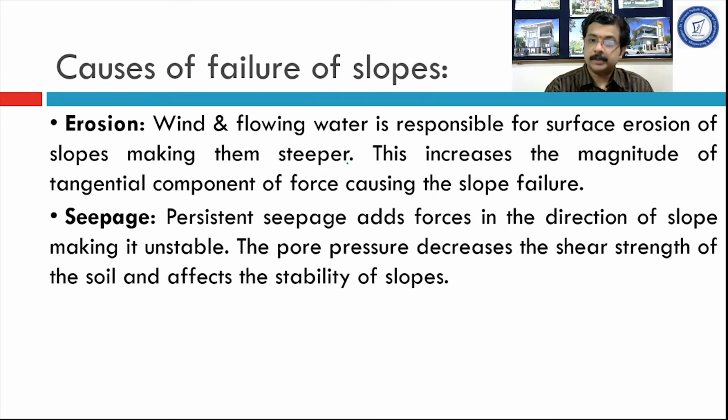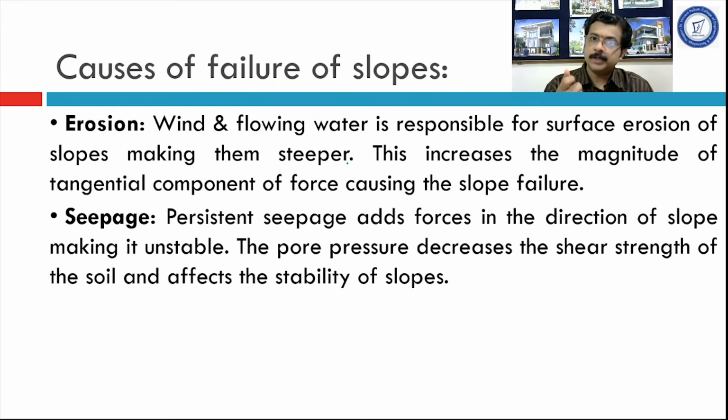The pore pressure decreases the shear strength of the soil and affects the stability of slopes. If there is continuous seepage of water, water is continuously flowing through the slope, okay, or a body of a dam, what would happen? At one particular moment, the water content in the slope or in the soil would increase, and that will increase the pore water pressure.